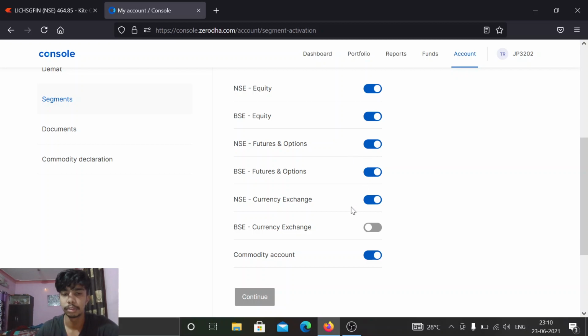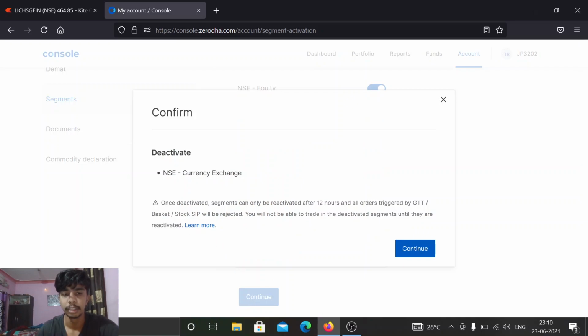So for example, I am disabling this currency exchange. Click on this. I have disabled. Now continue. Now here you can see once deactivated, the segment can only be reactivated after 12 hours, and all orders triggered by GTT, basket, and stock SIP will be rejected.